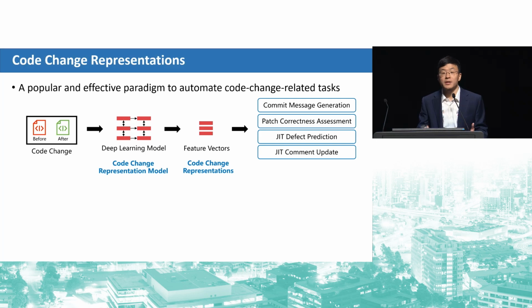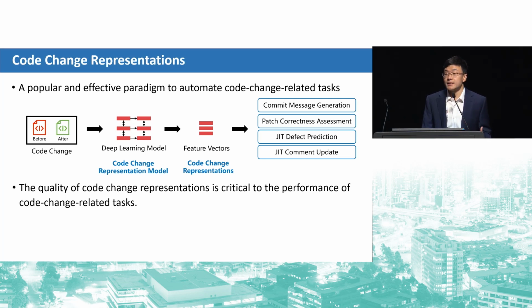And then we can simply input the feature vectors into downstream task-specific modules such as predictors, classifiers, and generators to complete diverse code change related tasks. We refer to these feature vectors as code change representations and the deep learning model as the code change representation model.